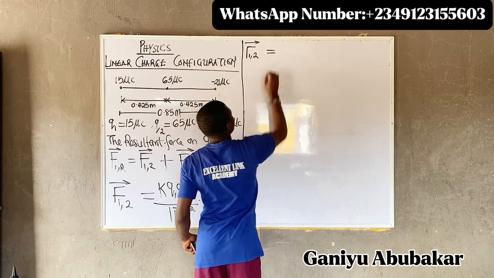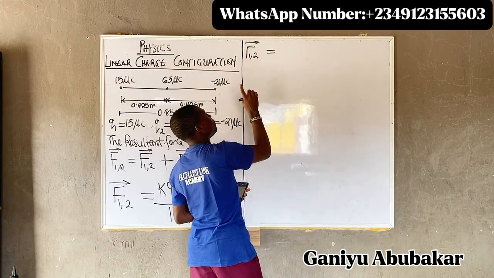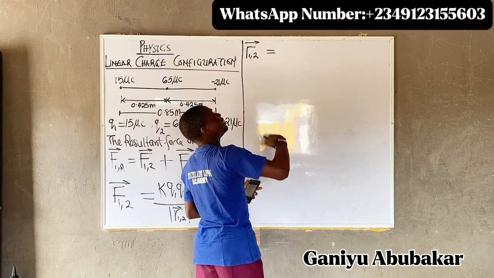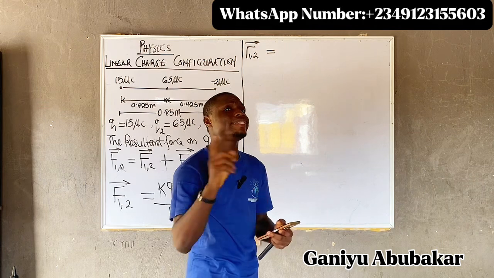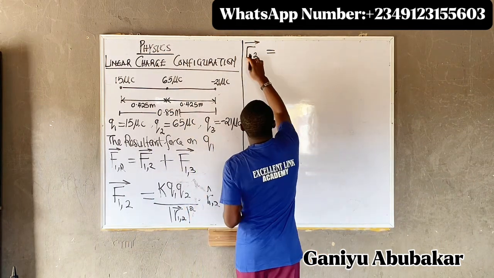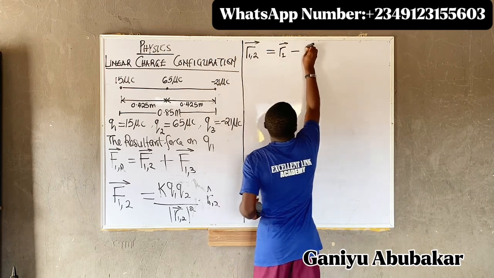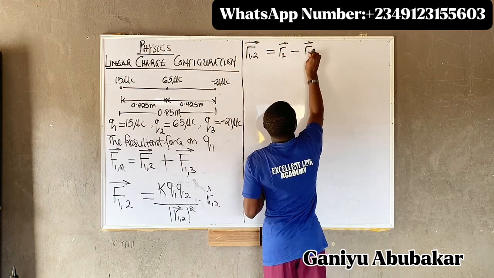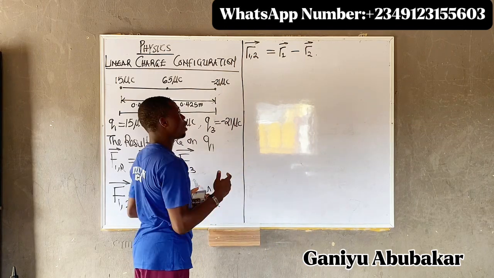The formula is easy: pick out R1 and pick out R2. R12 is simply the difference between R1 and R2. So the formula becomes R1 minus R2. That's the formula to calculate the position vector R12.